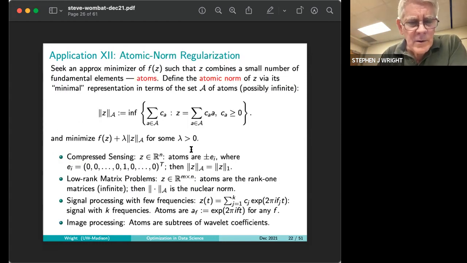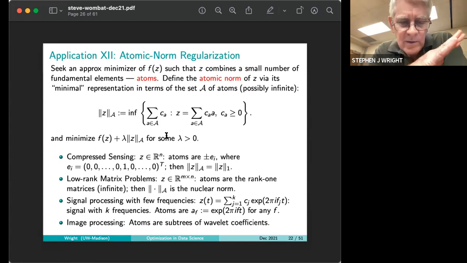I think I'll skip this one, atomic norm regularization. This was a generalization that Wright and Alan Willsky and Venkat Chandrasekaran and someone else came up with around 2010, which was sort of a generalization of compressed sensing and low rank matrix completion and a bunch of other problems in signal processing.